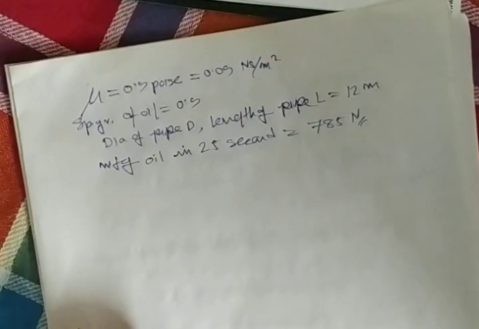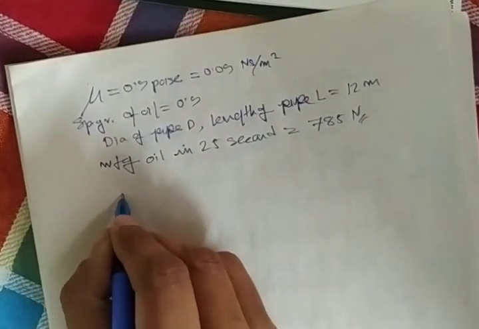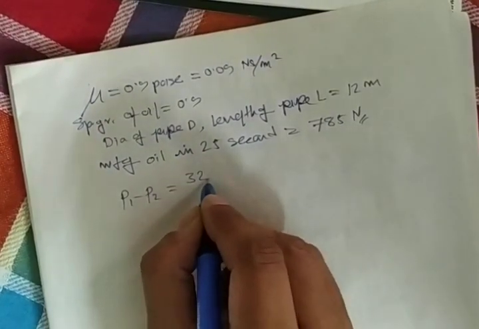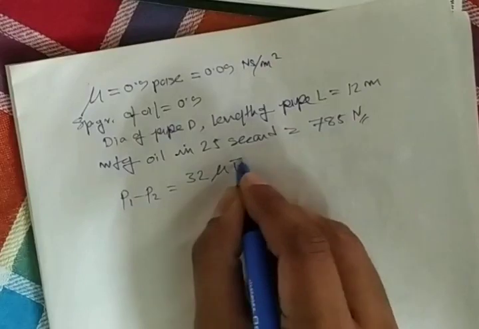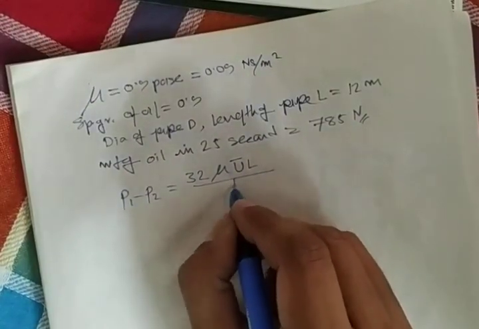So let's start. You know the Hagen Poiseuille equation: P1 minus P2 is equal to 32 mu average velocity L divided by D square.